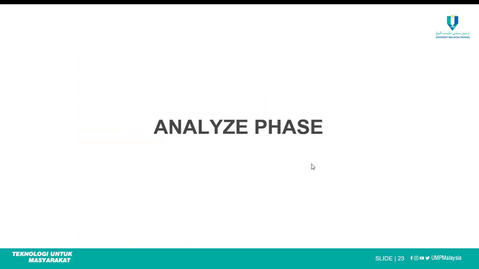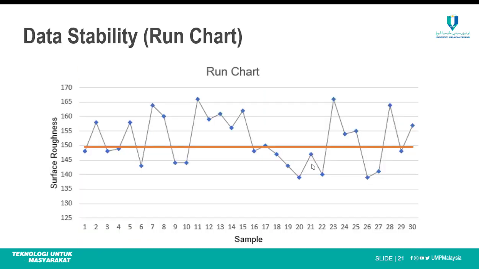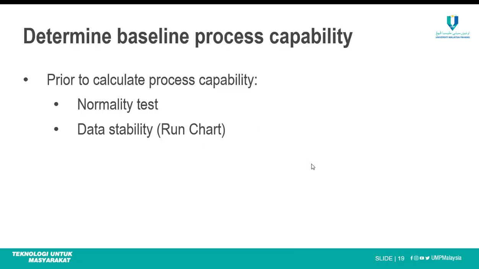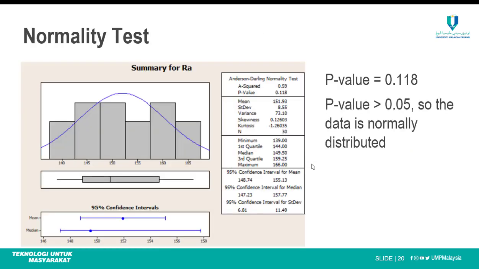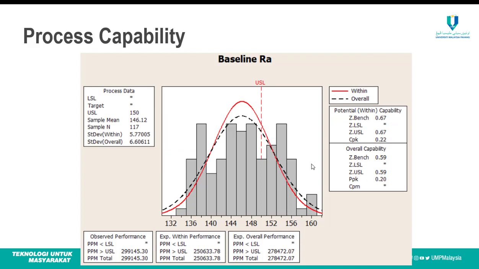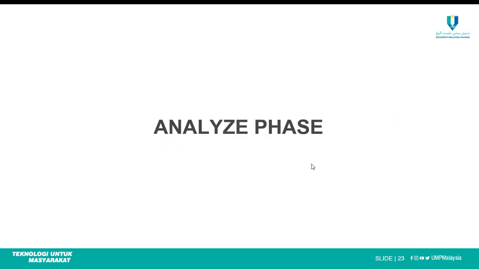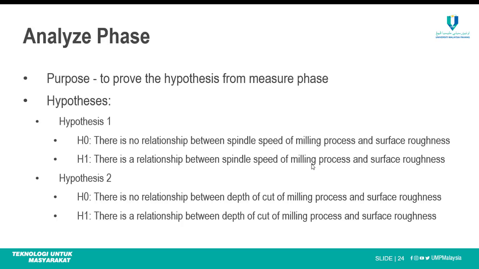All right. So next, we have already established the baseline data, so we already know our current process capability. Next we can proceed with the analyze phase. The purpose of the analyze phase is to prove the hypothesis that we made from the measure phase, the earlier phase.